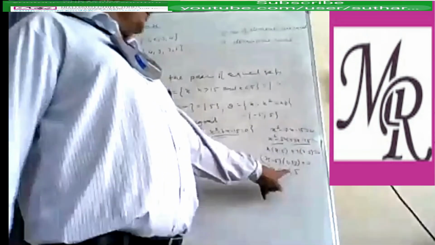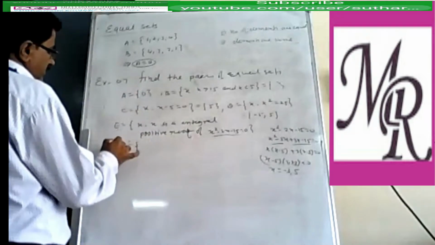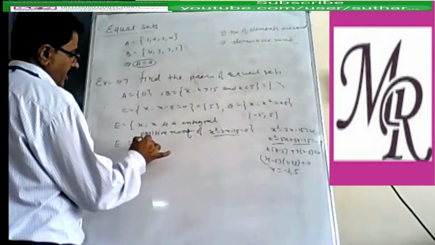We are not taking minus 3 because x should be a positive root. So set E contains only 5.